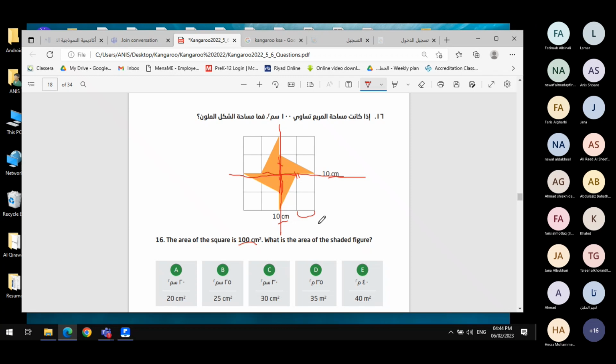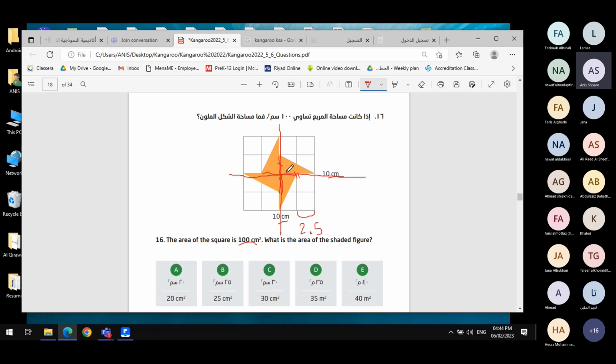Teacher, is the answer 25? What is the answer? No, 2.5. So 2.5. Right.